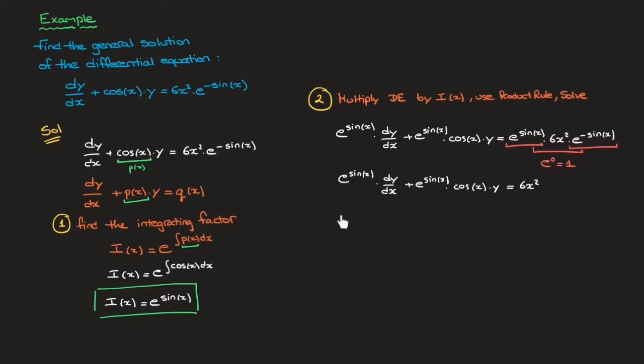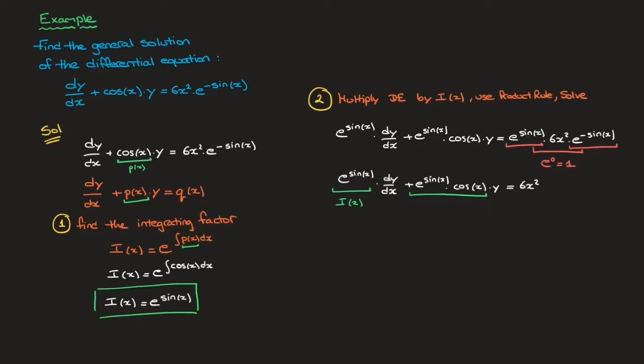And now, looking at the left-hand side of this equation, we can see what the integrating factor is all about. Indeed, we know that e to the sine of x is the integrating factor, so that's I of x, and we notice that e to the sine of x times cosine of x is the derivative of e to the sine of x. And to convince yourselves of that, by all means use the chain rule to differentiate e to the sine of x, and you'll obtain this result.